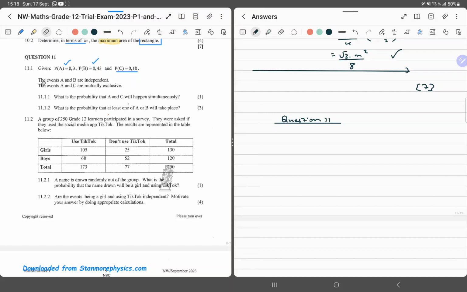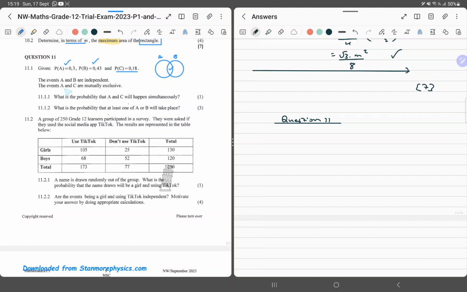We are told here, though, that events A and B are independent. Now that is cool. So if they're telling us that events A and B are independent, it means these ones have an intersection, A and B. That means they will have an intersection.